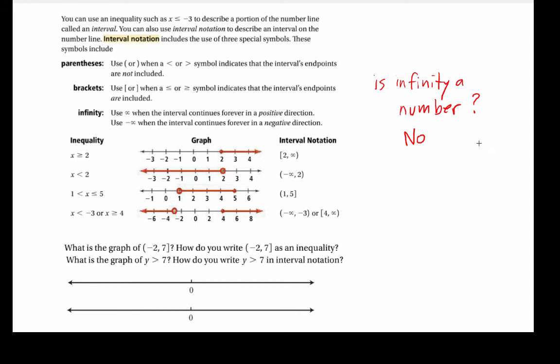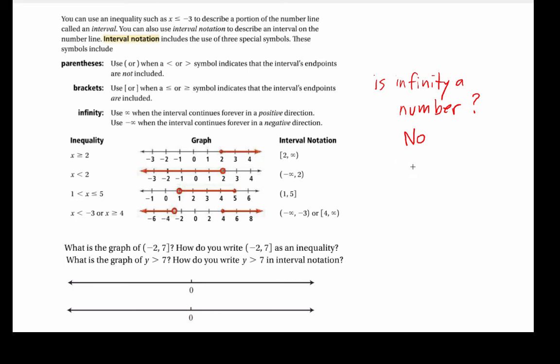Infinity is a concept. When things go on forever in a positive direction, we call that infinity. What it means is that the numbers are increasing without bound. There is no limit on the numbers going up, if you will, in a positive direction. And the same thing with negative infinity. We are saying that numbers are decreasing without bound.